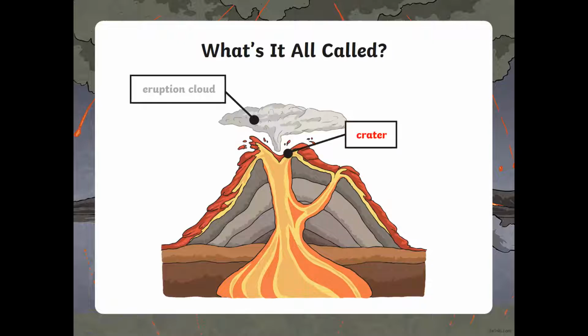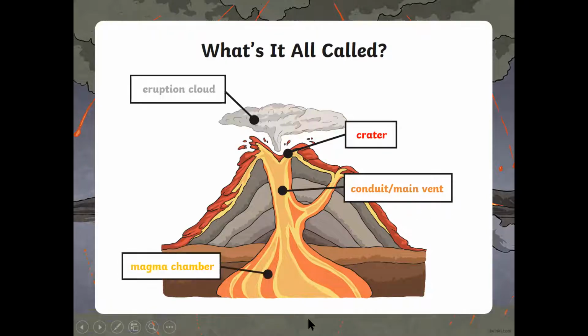And then you have the crater, which is the top part of the volcano where the lava erupts from. This bit here is called the conduit main vent. So this is the main vent which leads to the crater. And then at the bottom here, you have the magma chamber.